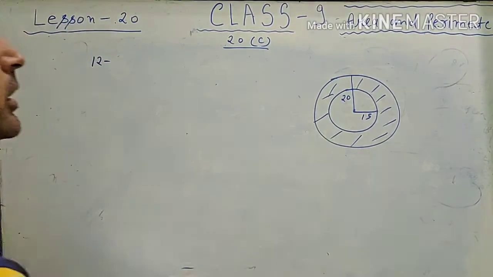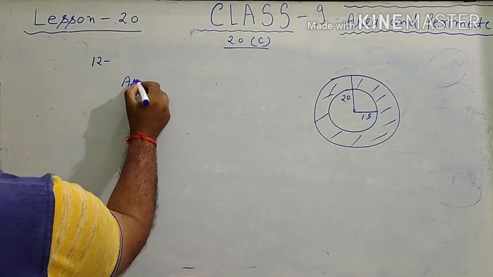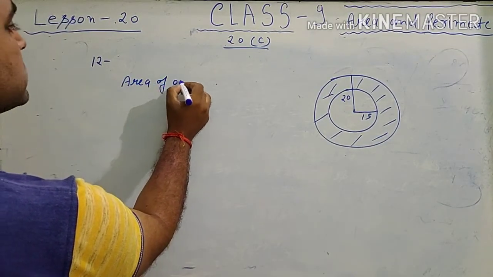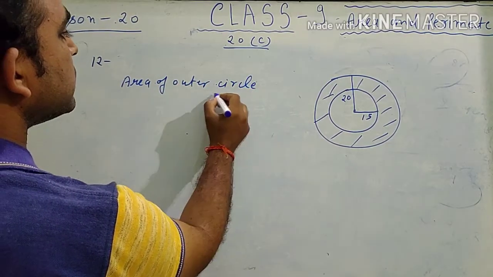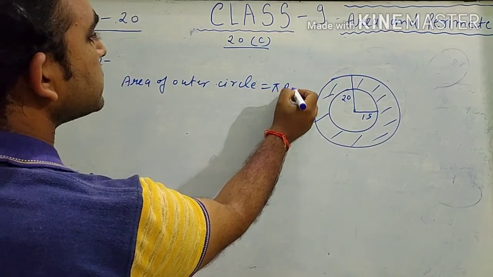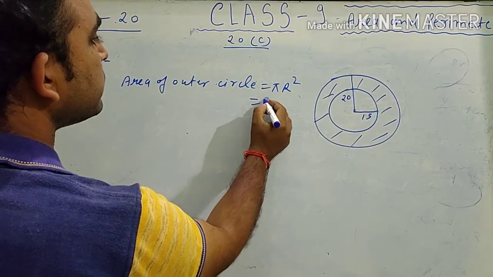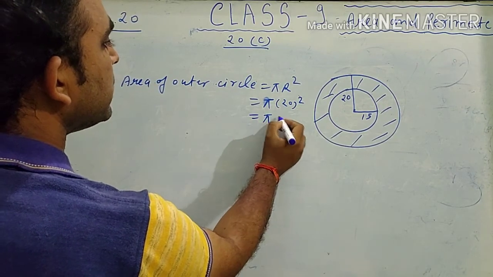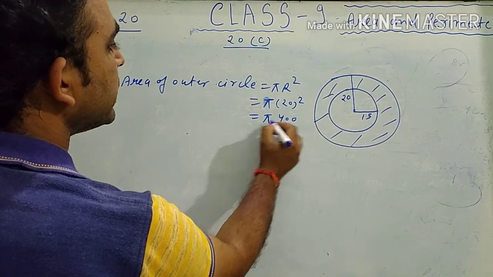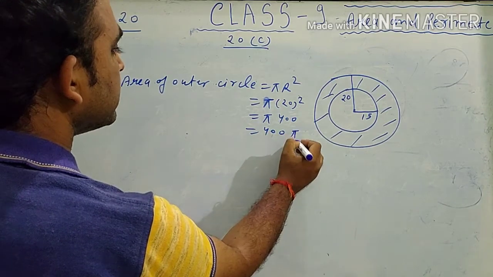So first we find the area of the outer circle, which is pi r square. So pi into 20 square, which means 400 pi.